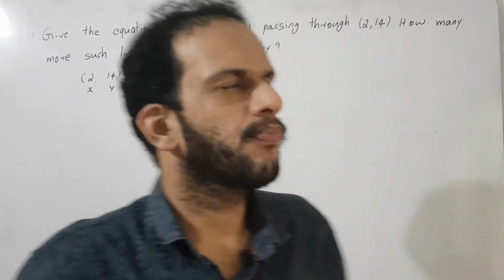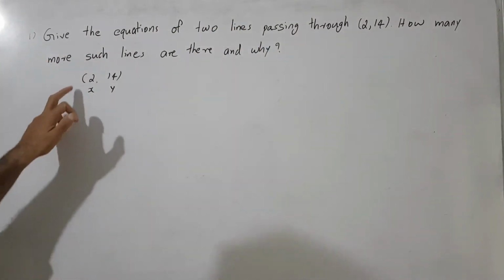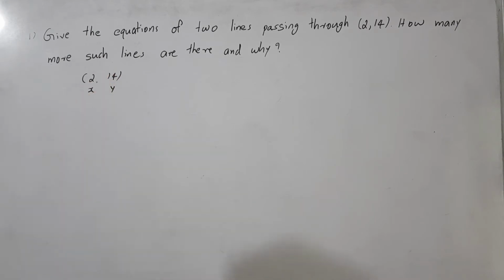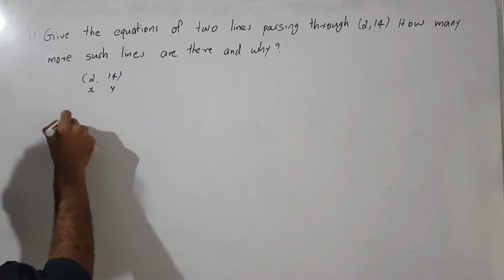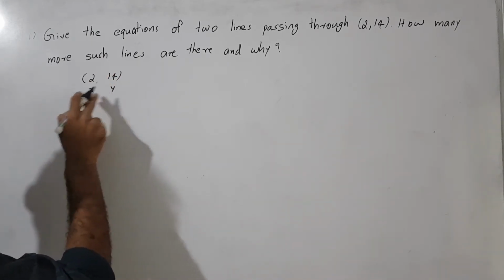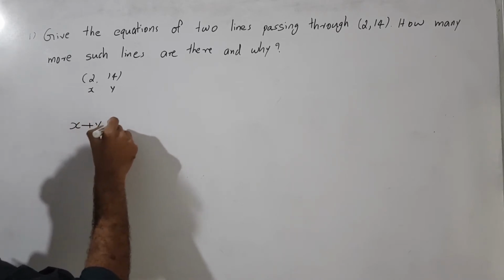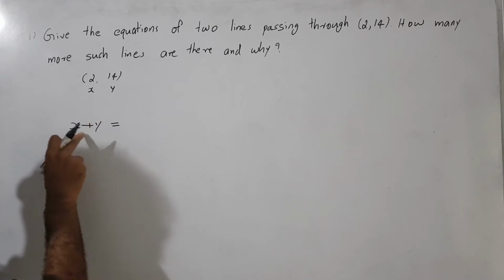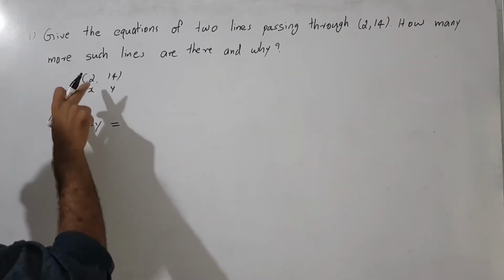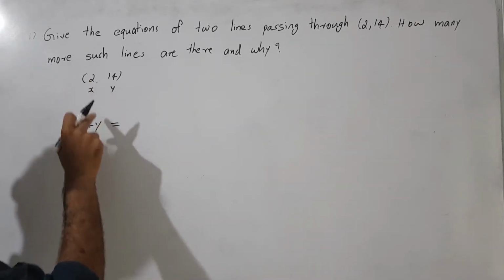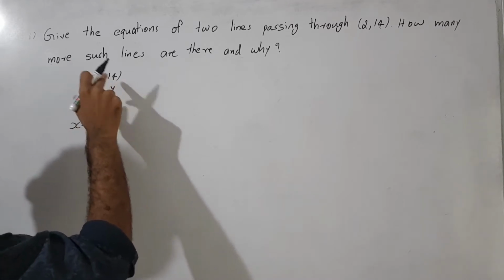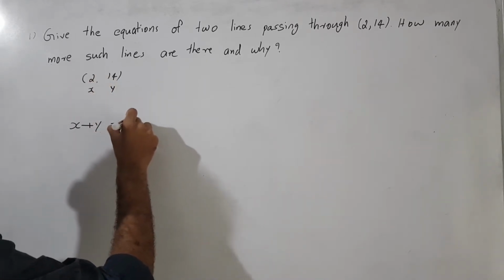For example, if the x value is 2 and the y value is 14, then I just add them for the first equation. x plus y is equal to, then we add x and y, correct? What is x? 2. What is y? 14. Then 2 plus 14 is equal to 16.